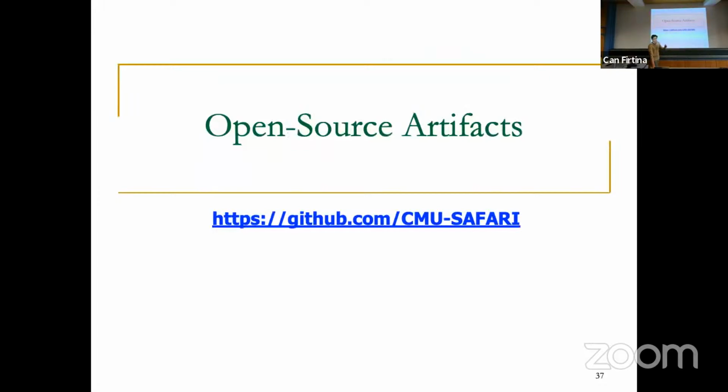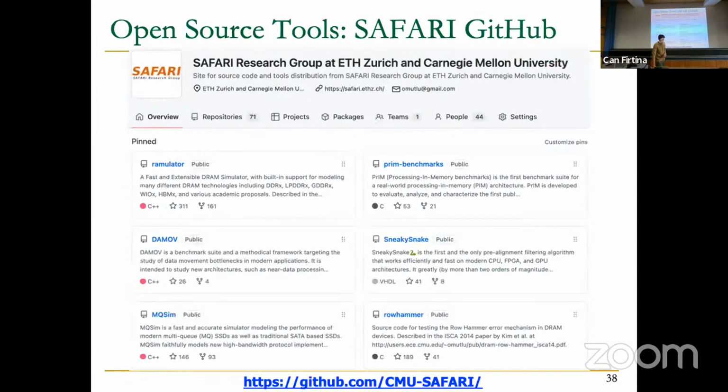It's not only the lectures, the recordings and slides and everything. We also open source all artifacts derived from our research work. These are open source tools you can find in GitHub. Some of them you will use for sure. Ramulator, as I mentioned earlier, but we also have many other simulators.